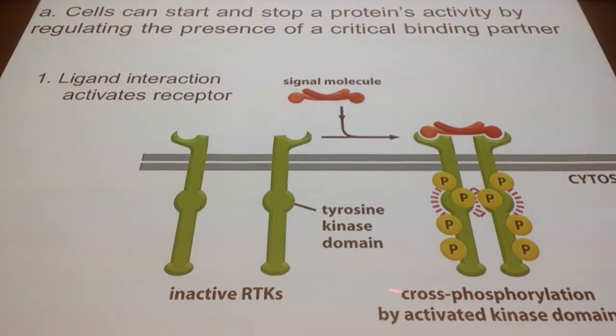If you cross out cross and write autophosphorylation, this is a better example of autophosphorylation. Much later on, we'll look at a true case of cross-phosphorylation. This is more autophosphorylation, okay? But you can see why the book calls it cross-phosphorylation.